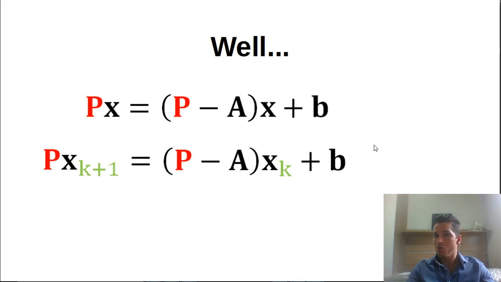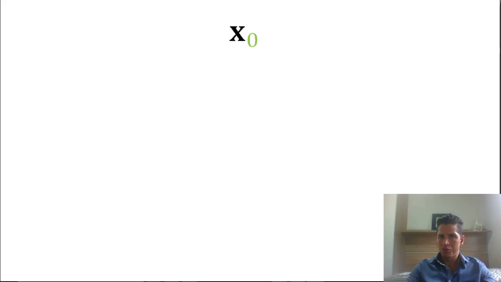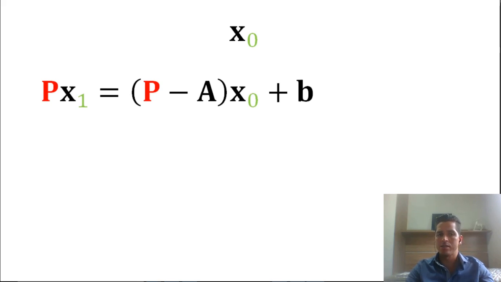So we just calculate the right-hand side, and then we calculate the left-hand side, x1. We start with an x0 vector, for example, and I calculate the right-hand side. What do I have? The left-hand side, P x1. So I got x1, and I hope x1 is closer to x than x0.